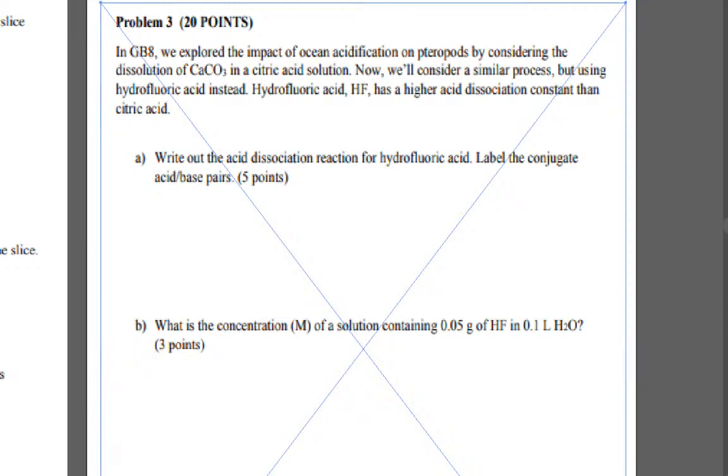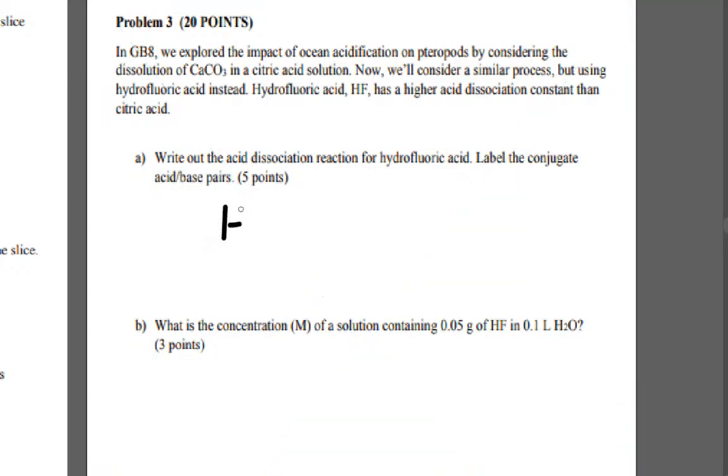Okay, so let's first write out that HF, which is aqueous here. This would dissociate into H+, which is in aqueous solution, which means that it should be H3O+, but I don't care, plus the F-, which is in aqueous solution.